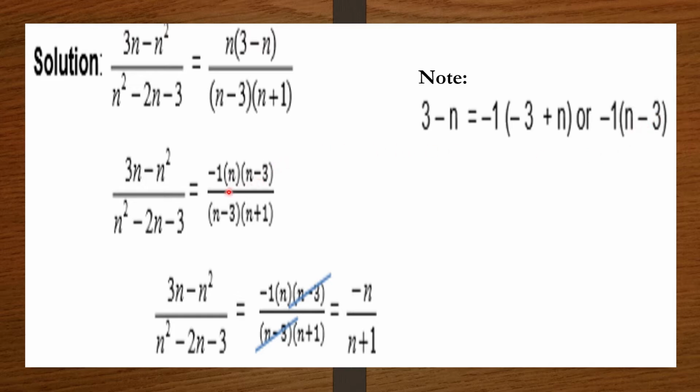Over, simply copy the denominators here. N minus 3 times quantity n plus 1. Ngayon, meron na tayong common factor. Itong n minus 3 dito, mag-cancel na sa n minus 3 dito sa denominator. So, the final answer is negative 1 times n, which is negative n, over n plus 1. Yan na yung simplified expression. Okay?